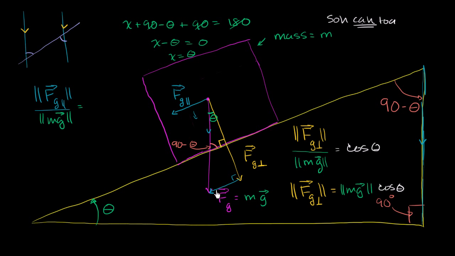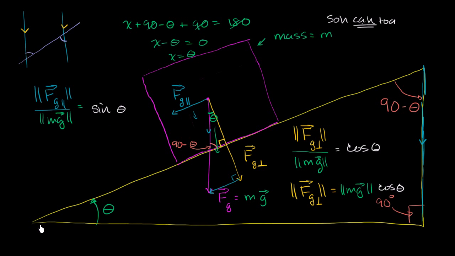Well, the blue stuff is the opposite side of the angle, and the magnitude of mg is the hypotenuse. So you have the opposite over the hypotenuse. Sine of an angle is opposite over hypotenuse. So this is equal to the sine of theta.